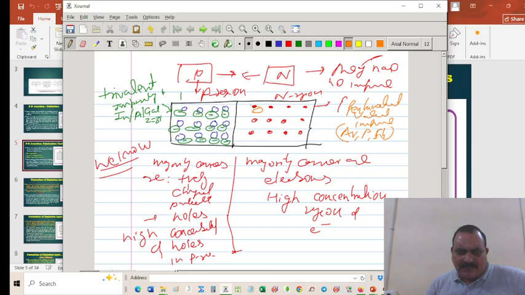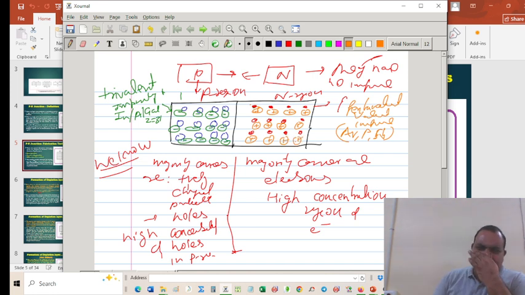If this is negatively charged, then this is your positively charged, like this. The actual situation is this: all these electrons are in contact with your dopant ions on both sides also. This is your first step to understand.